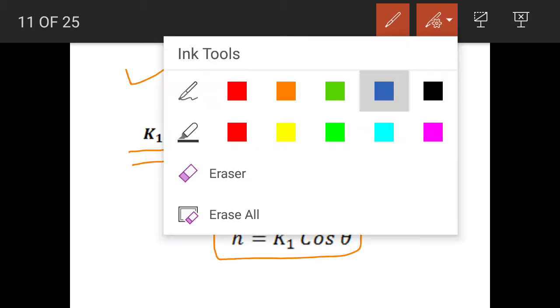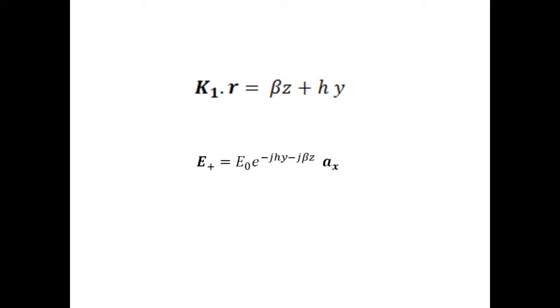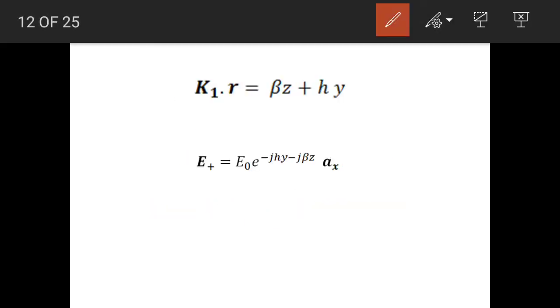So you see k1 dot r will be equal to beta z plus hy. We replace k1 sine theta by beta and k1 cos theta by h, and we consider this particular equation.